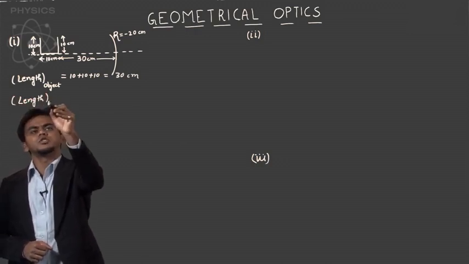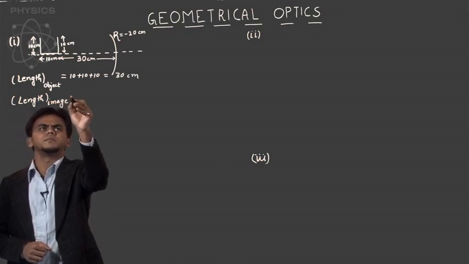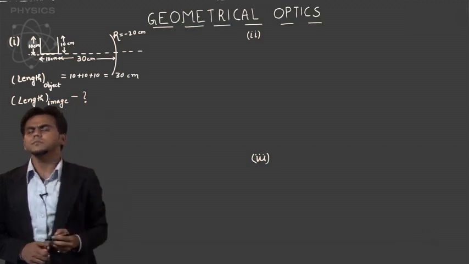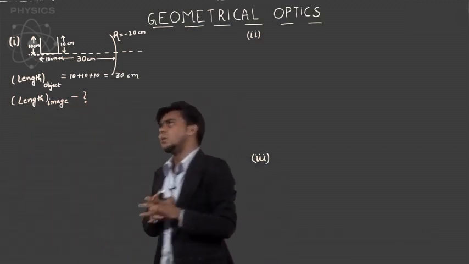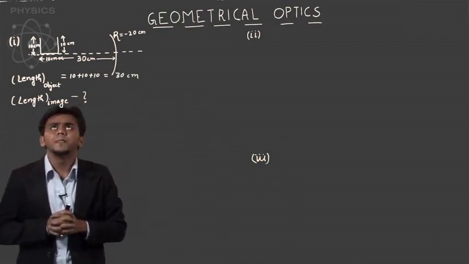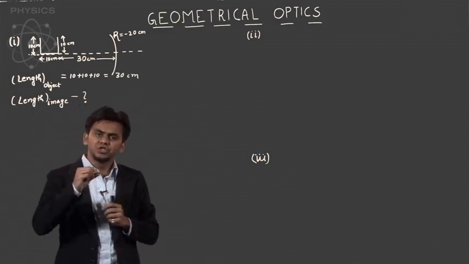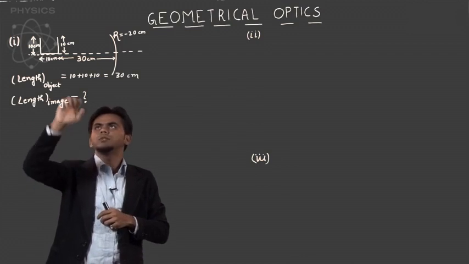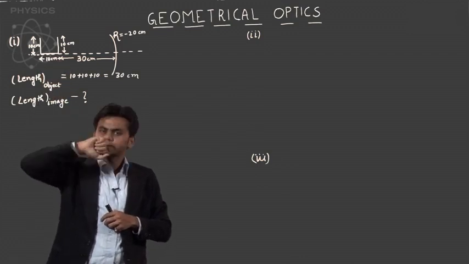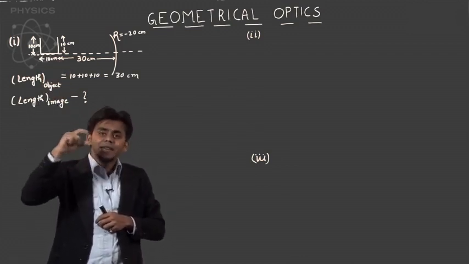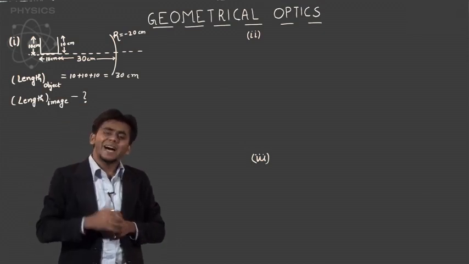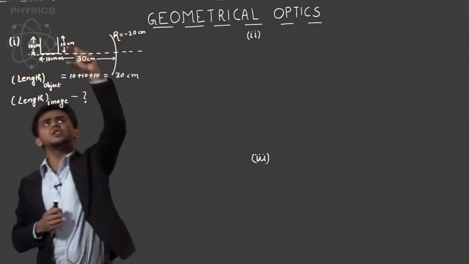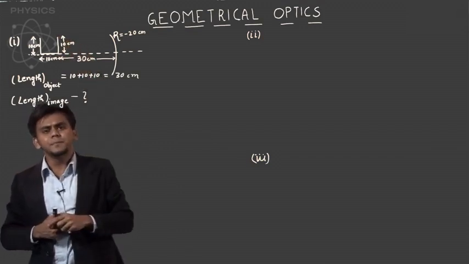How do you approach this question? Simple mirror formula. But how would I use it? That's the question. Now, if we find out the position of the image of this point, then by using the magnification formula, I can also find the dimension of this vertical line.